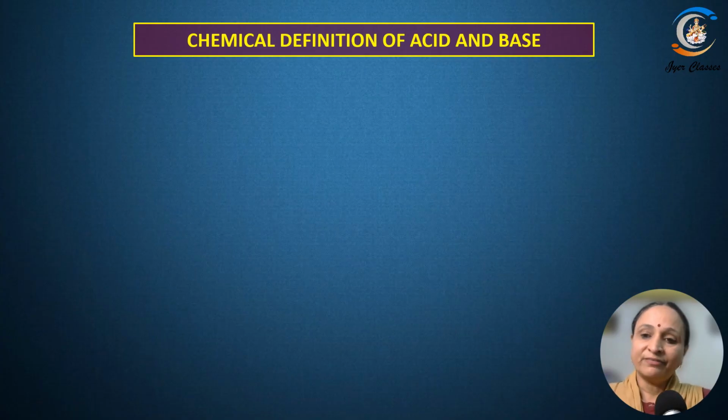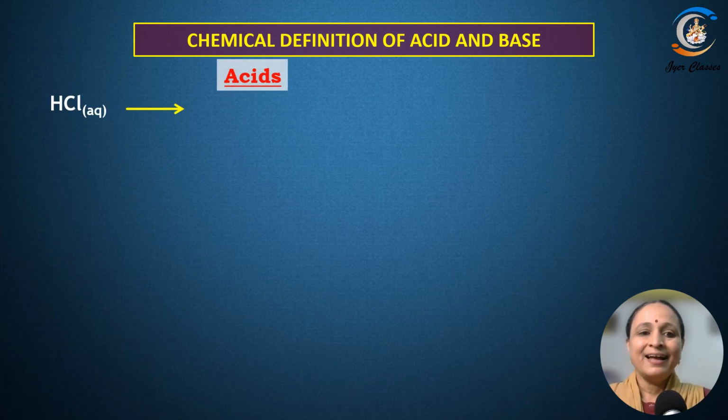The chemical definition of acid and base. Acids. HCl is an example of an acid and this has to be put into water. That means aqueous solution, AQ. AQ indicates that hydrochloric acid is mixed with water.